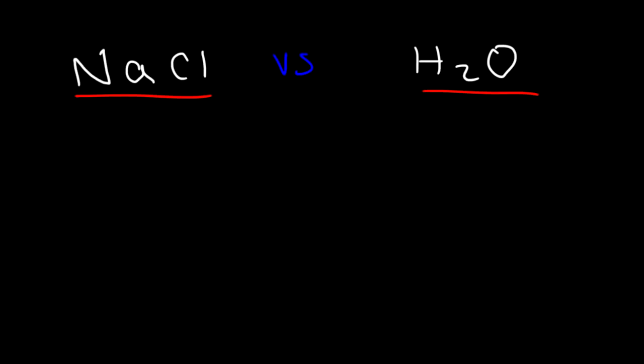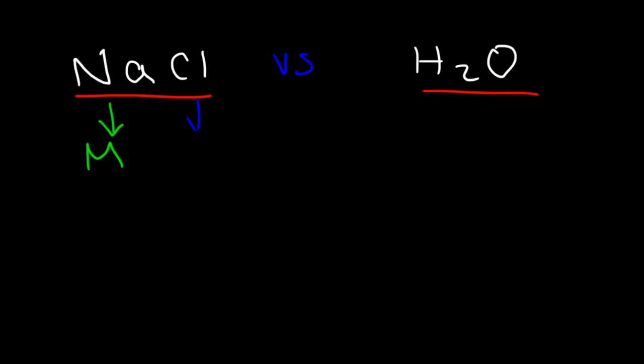A quick way to tell is ionic compounds are composed of metals and nonmetals 99% of the time. Covalent compounds are usually composed of nonmetals. Sodium is a metal. On a periodic table, sodium is all the way on the left side. The left side contains the metals, the upper right corner contains the nonmetals.